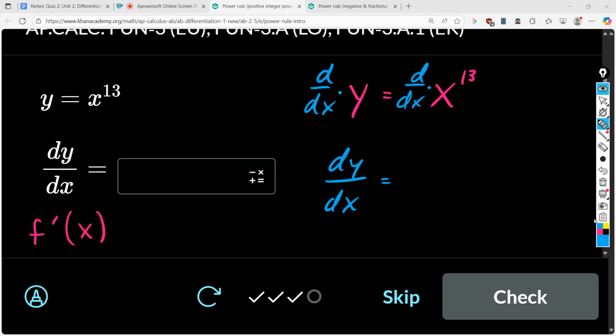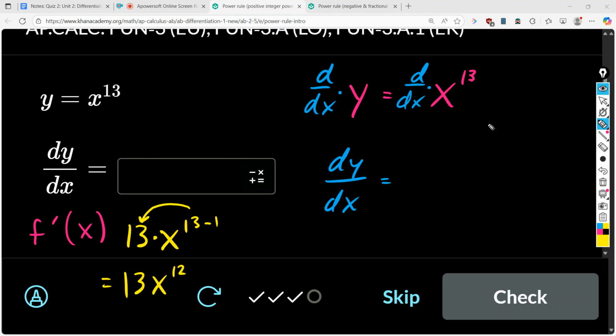So if you have x to the 13th, we said you take that exponent and move it out front, so that's going to be 13 times x, and the exponent is going to be 13 minus 1, which is 12.